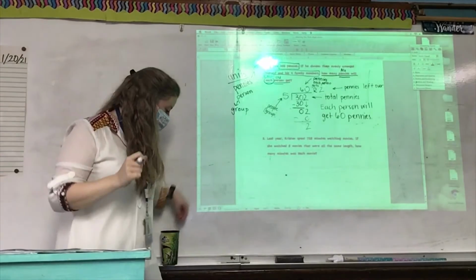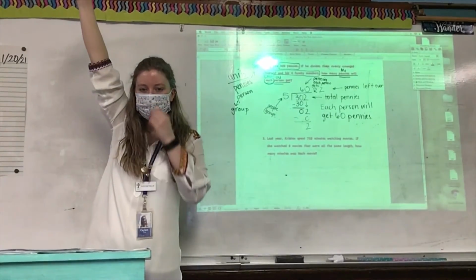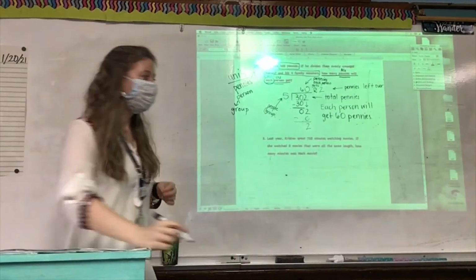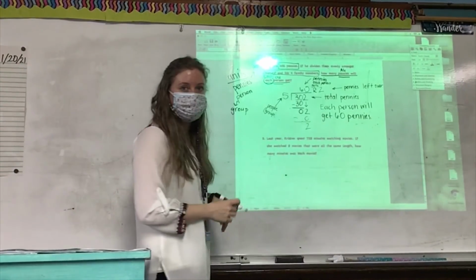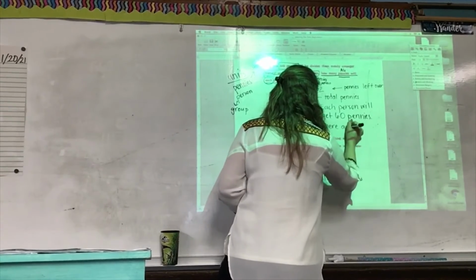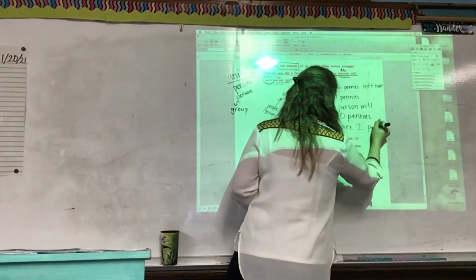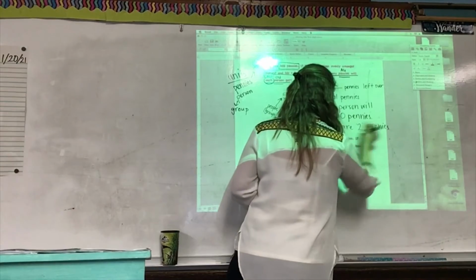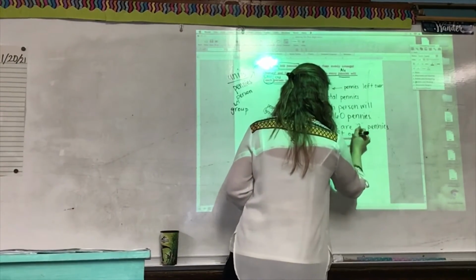What does the remainder mean? Lena, there's just 2 left over. 2 what left over? 2 pennies left over. There are 2 pennies left over.